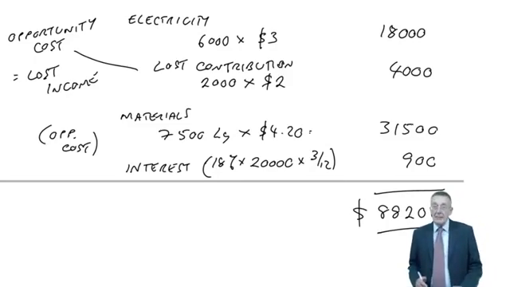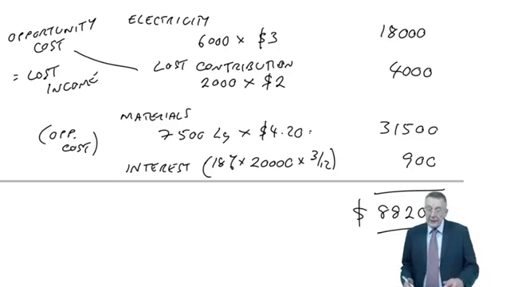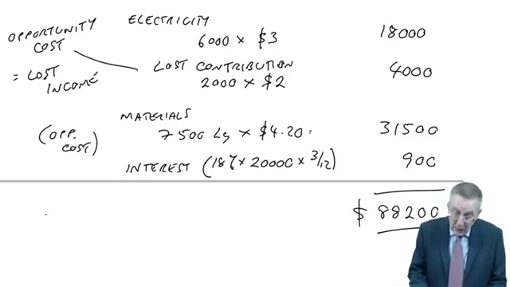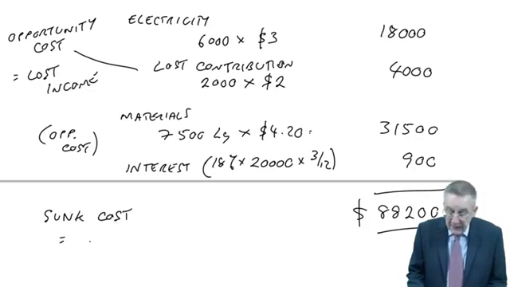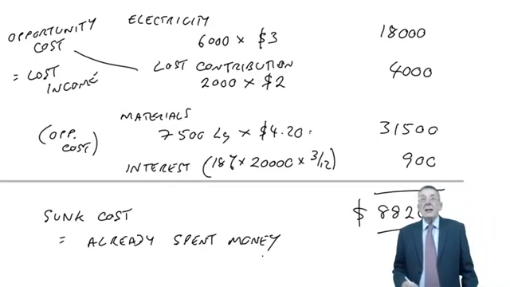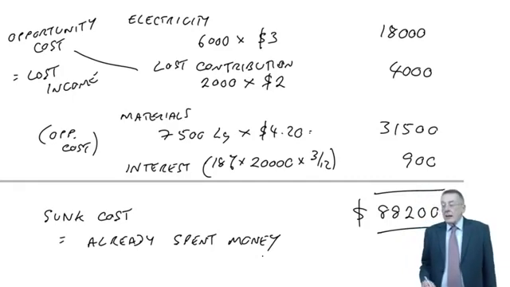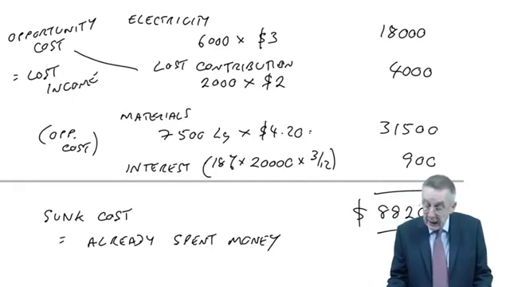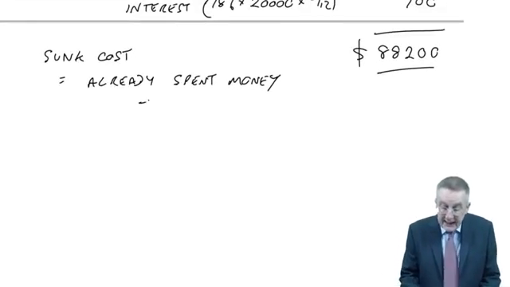It's dead money. It's not relevant. And so that is called a sunk cost. A sunk cost is where we've already spent the money, and because we've already spent it, whatever happens, it is not relevant.